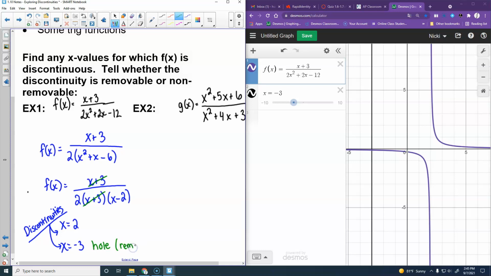Holes are removable. And if you have something in the denominator that does not cancel out but gives you a 0, that is going to be a vertical asymptote, or we could say that's non-removable.